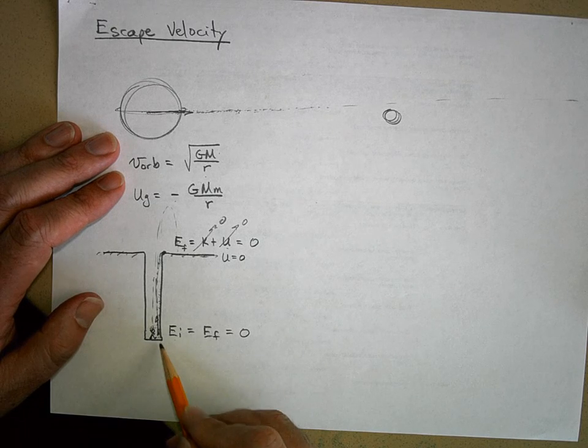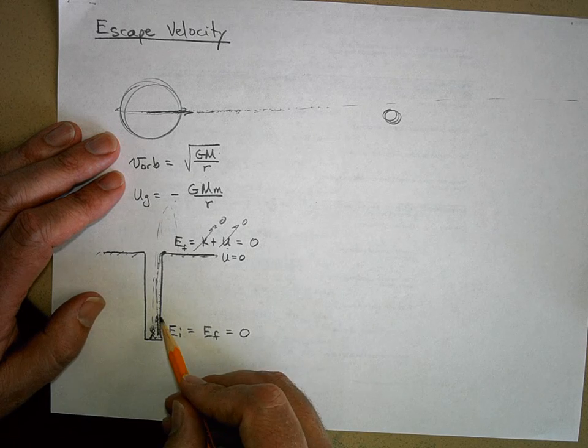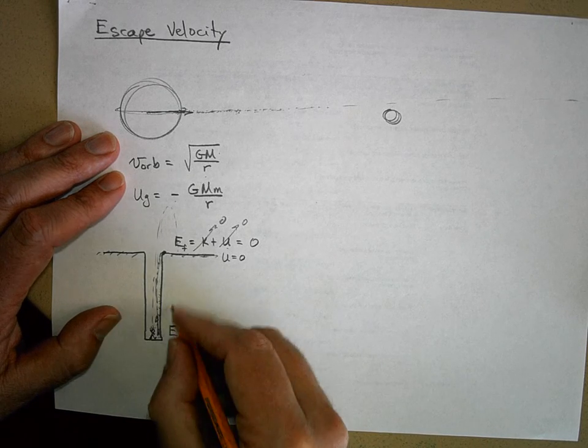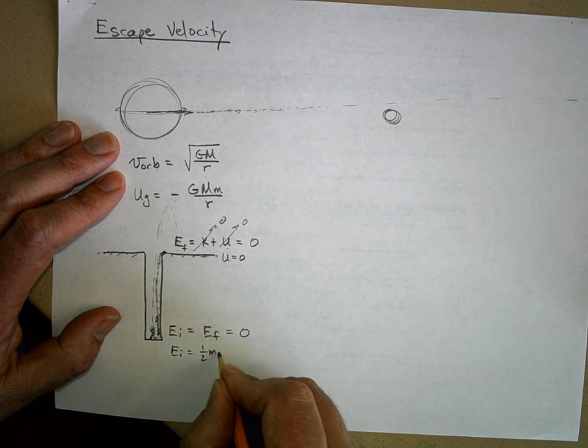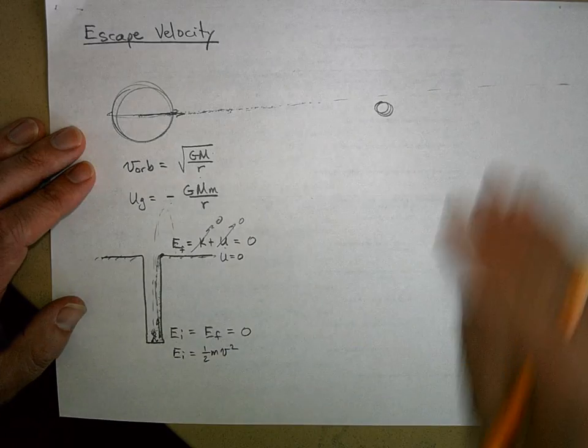But look at the energy that this rock has. It does have velocity, doesn't it? So E initial does equal, it's got kinetic energy, right? Well, what is kinetic energy? 1/2 mv squared, right? Let me zoom in.